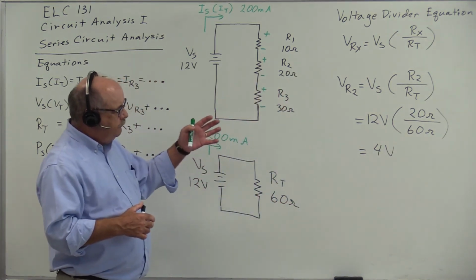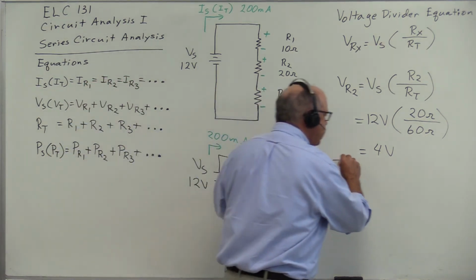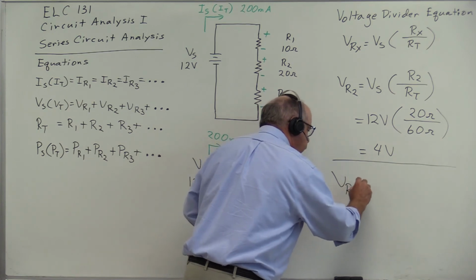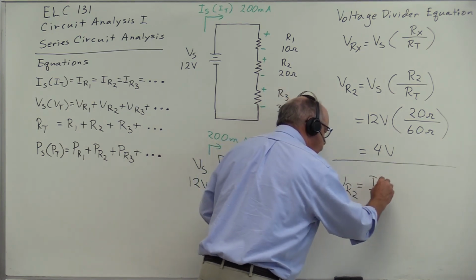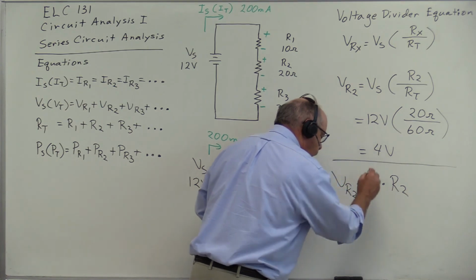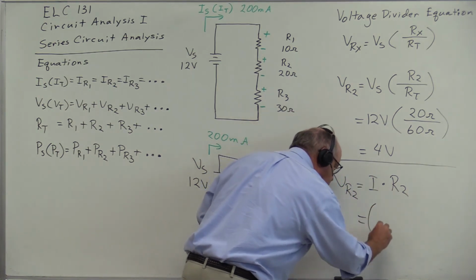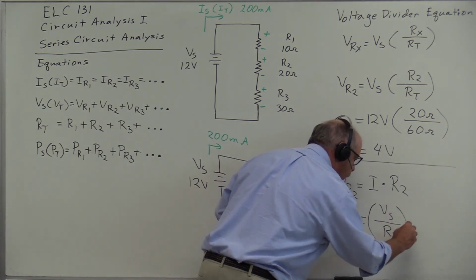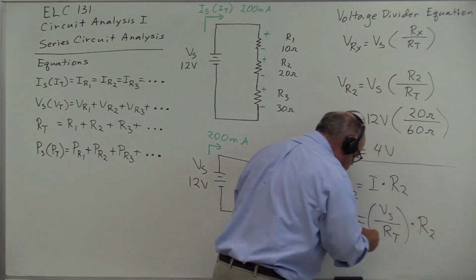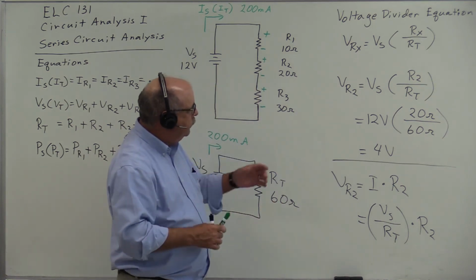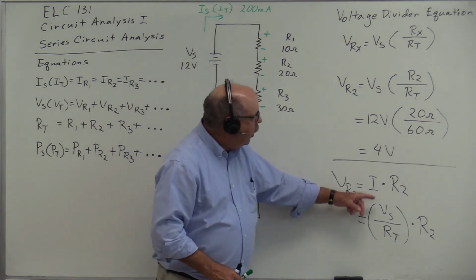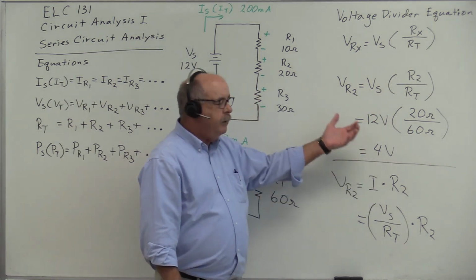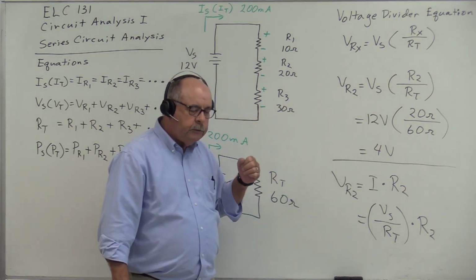Now, this is really nothing magical here because VR2 equals I times R2, and I equals VS over R total. So all we've done with this voltage divider formula is we have put the R's together inside the parentheses and taken V source out of the parentheses.